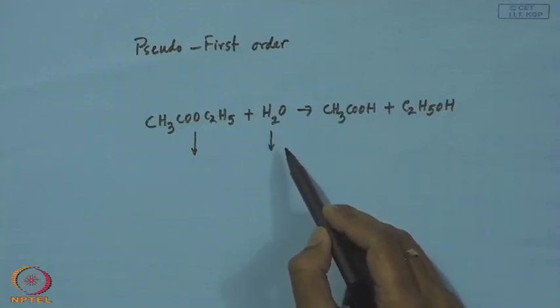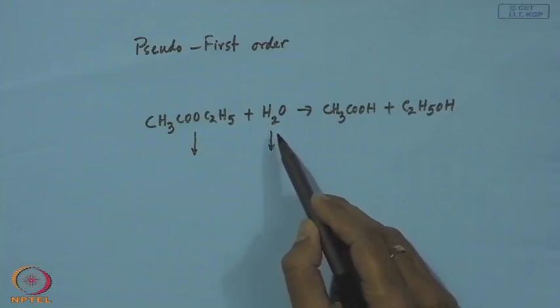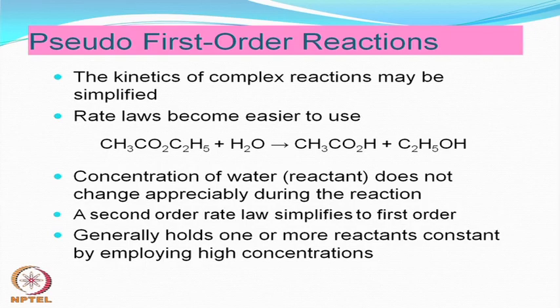Since the water concentration, that is one of the reactants, is kept at a high value, it does not change appreciably. So, in that case a second order rate law may be simplified, and this will reduce to first order kinetics.